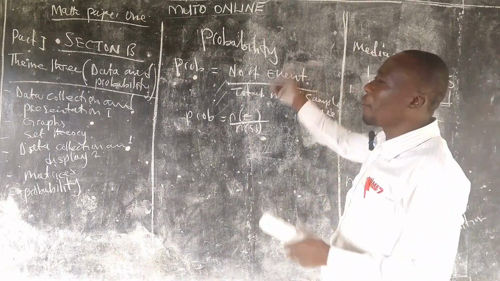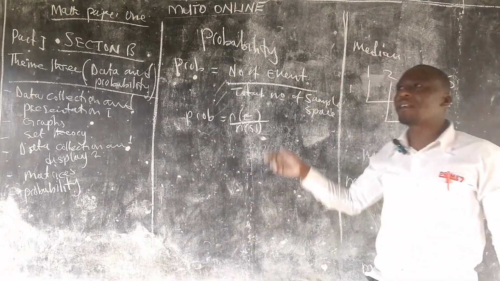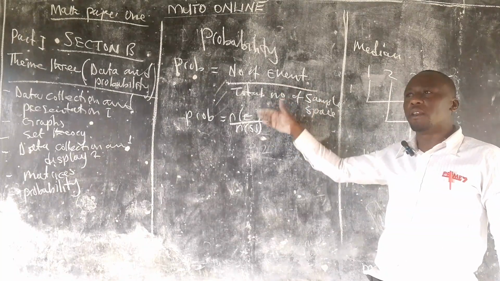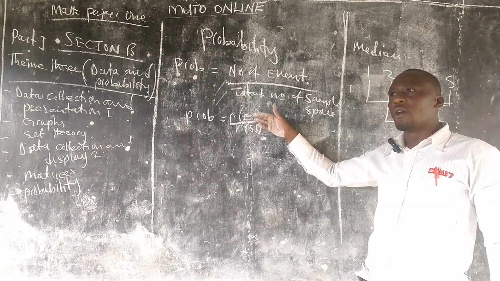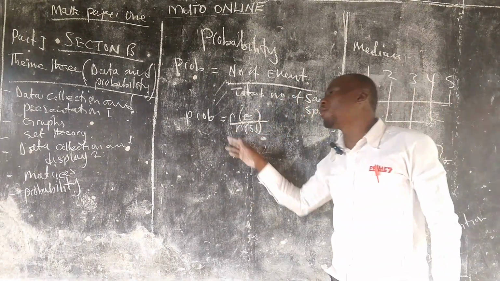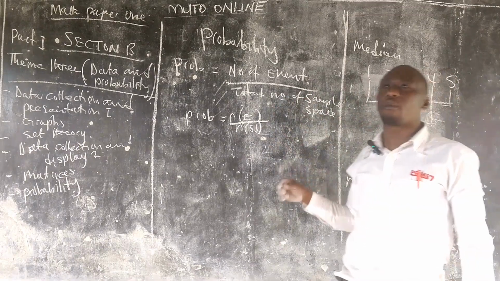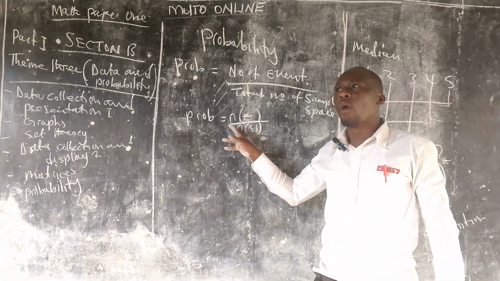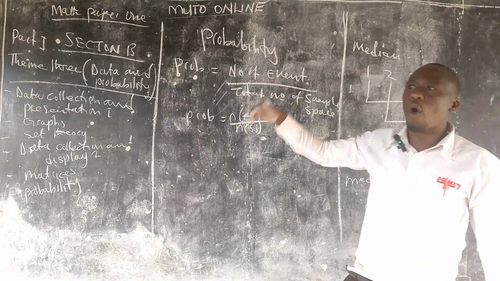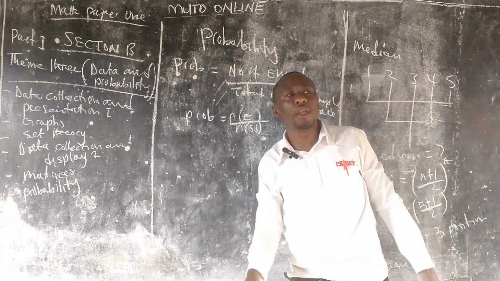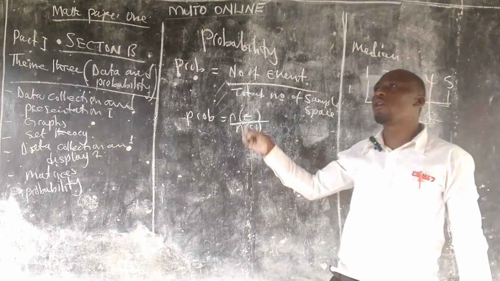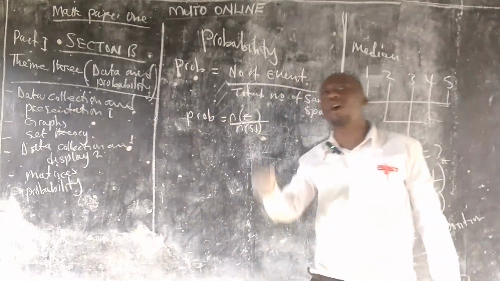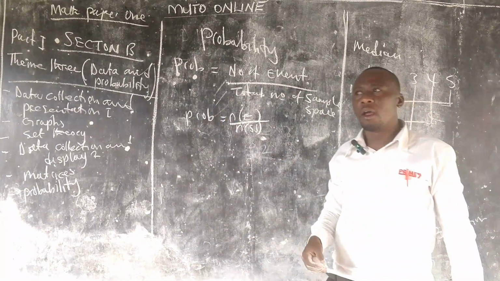Then for example, they may ask you what is the probability of the rain today? So the probability of the rain today is a half, because we don't know whether it may rain or not. What is the probability of producing a baby boy? If you have not gone for scanning, you will not know what is inside your wife.